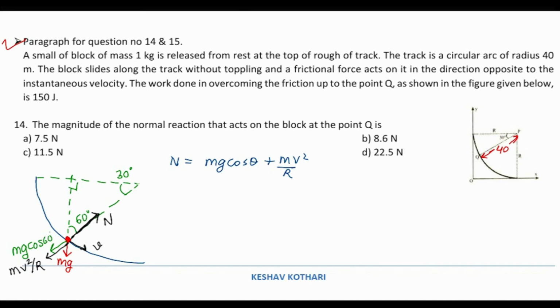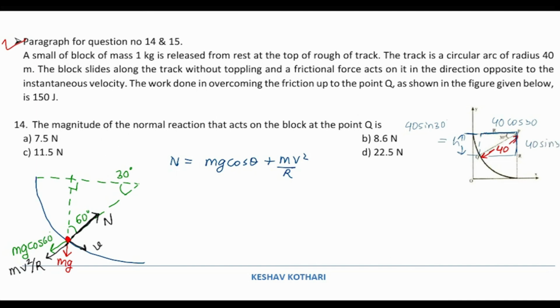So this height which it is lowered by is equal to 40 sine 30. So there will be two components. This component will be 40 cos 30, and the other component over here will be equal to 40 sine 30, which is marked as h in the diagram.